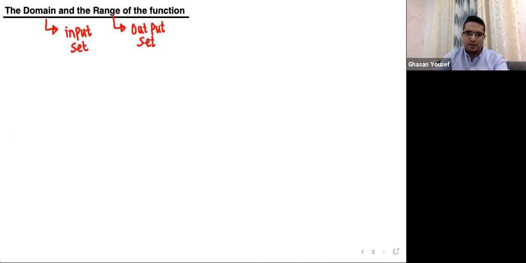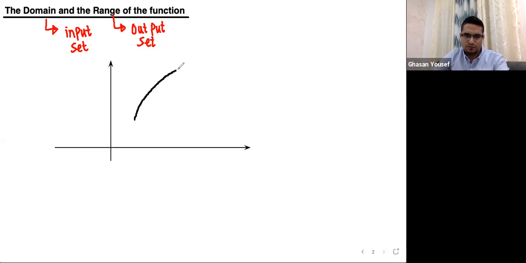So now by using the graph, if I have my graph showing like this, and this is my graph here. The graph starts at this point.